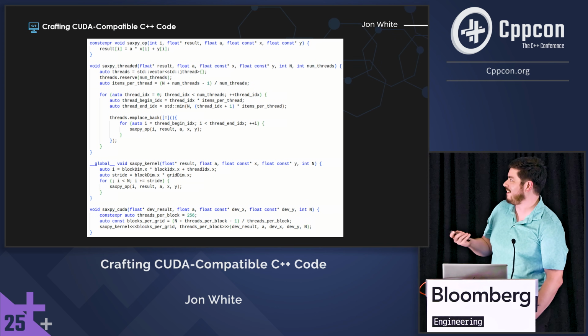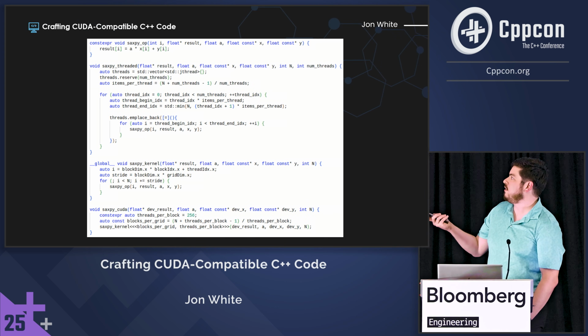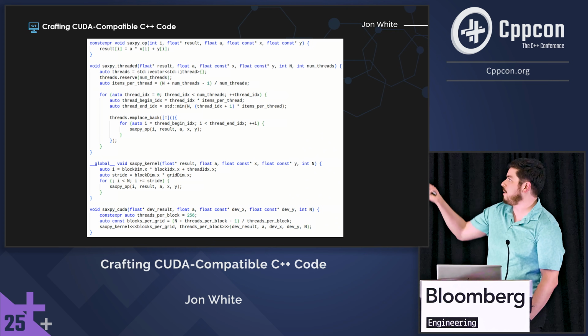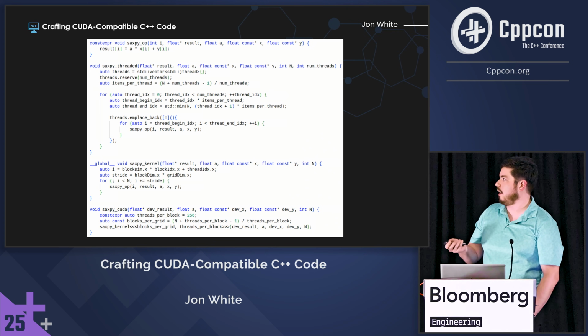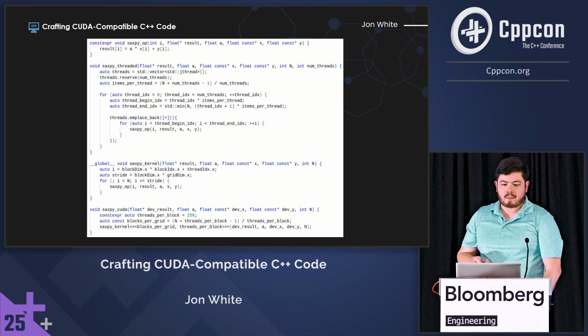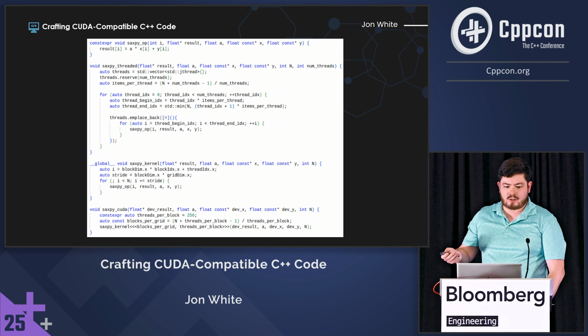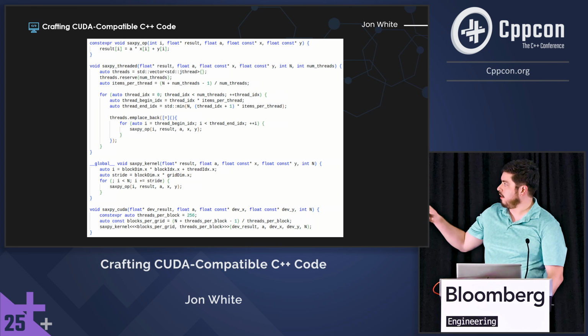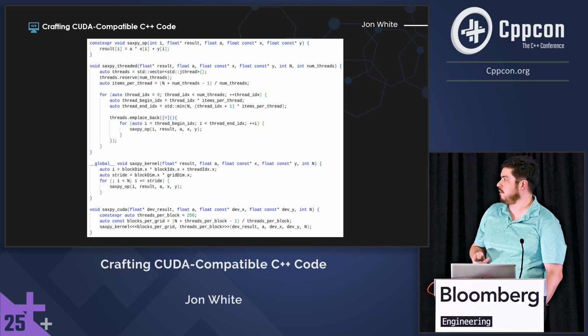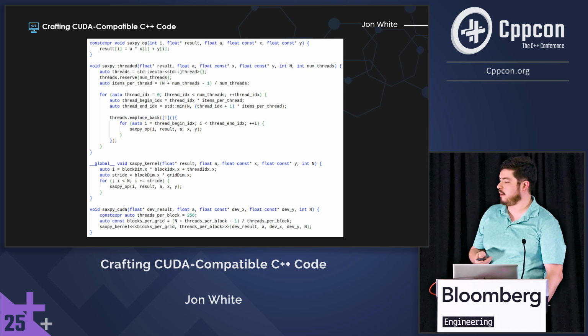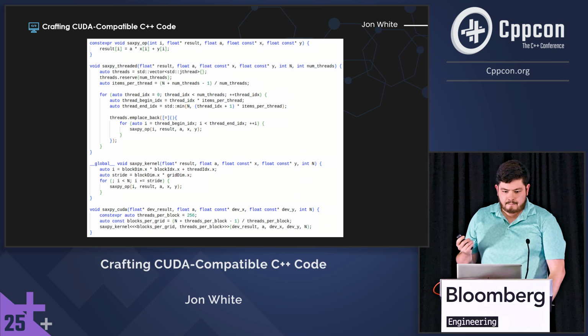So if you can read that, up at the top, we have the single precision AX plus Y as a constexpr function. And that is being called from both of the parallelization methods, the one that's doing the CPU threading, and the one that's doing the CUDA kernel.